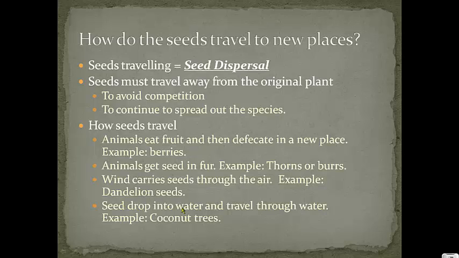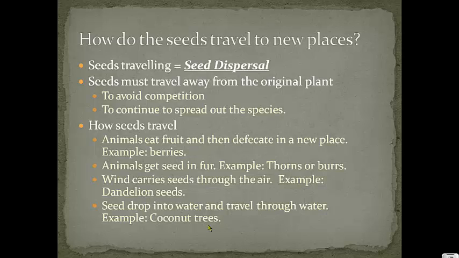And finally, seeds can drop into the water and travel through the water. And the coolest example of this that I can think of is a coconut tree. A coconut tree is on the beach and it makes its seeds. Its seeds are basically the coconuts. When the coconuts fall into the water, or they fall onto the beach, first of all, the ocean comes up and carries them out into the ocean, and then they can travel miles and miles and miles and be deposited on a new beach, covered up with sand, and grow a new coconut tree.